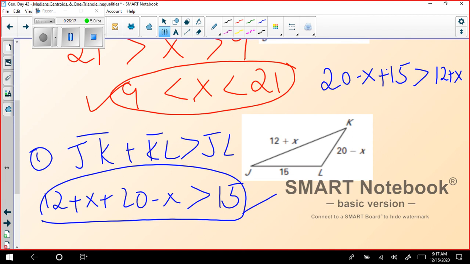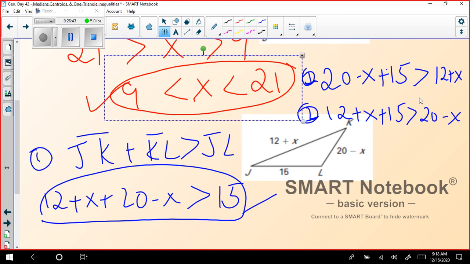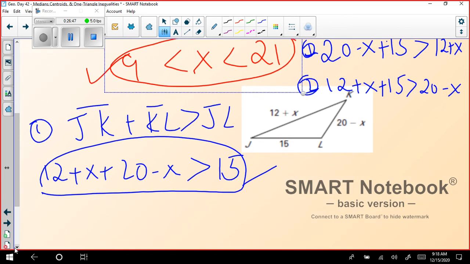And the other possibility is once again 12 plus x plus 15 is greater than 20 minus x. Using these two, I can get the range of values for x. Let me call this 1 and this 2. This third one is of no use, so we will just use these two to get the range of values.